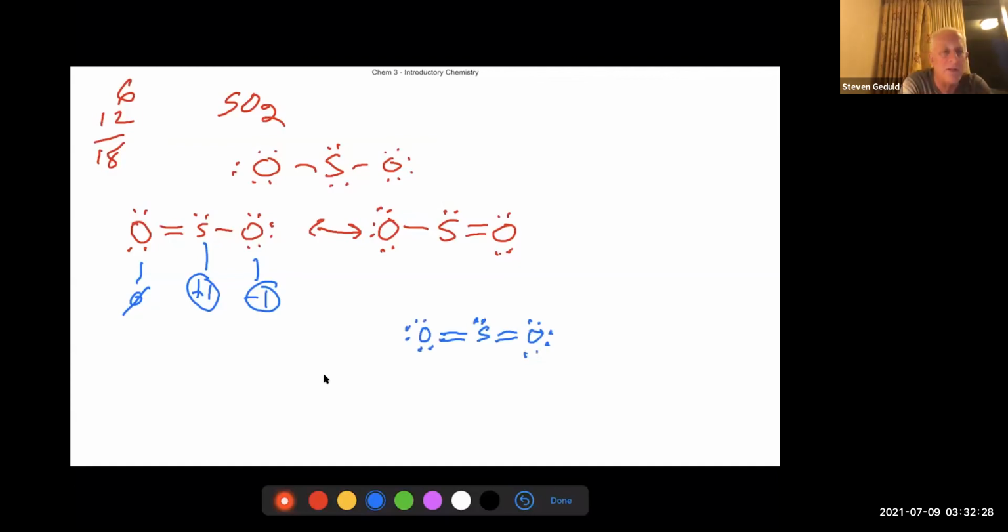In that compound, everything has a formal charge of 0. Now it breaks the octet rule, but sulfur can do that. That's one of the exceptions it can make, since it's in the second row below that.